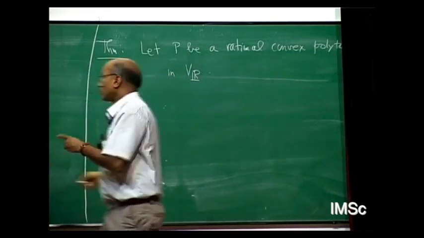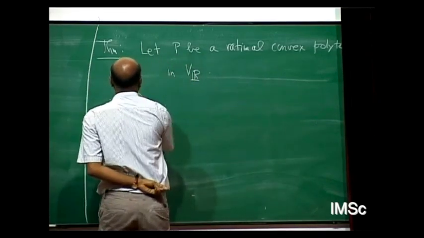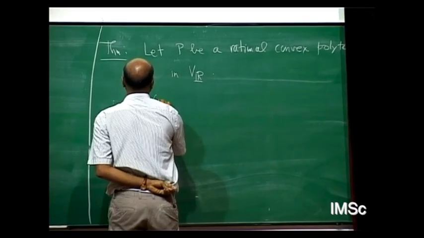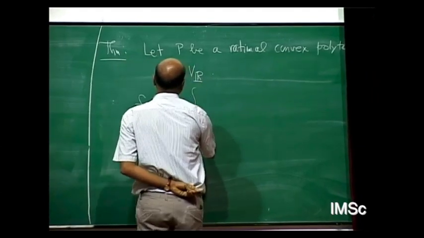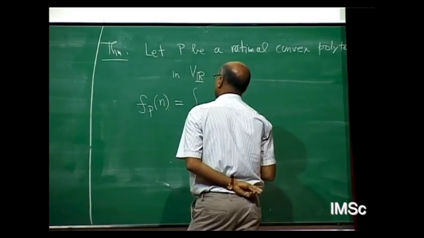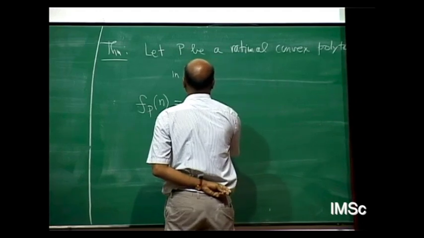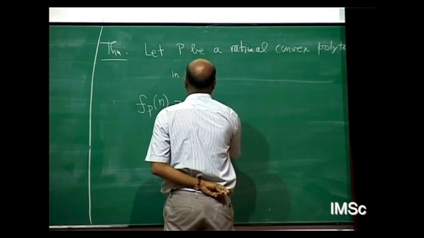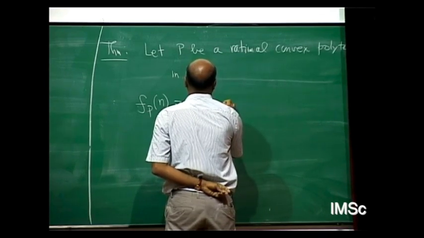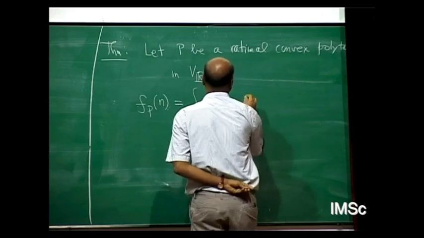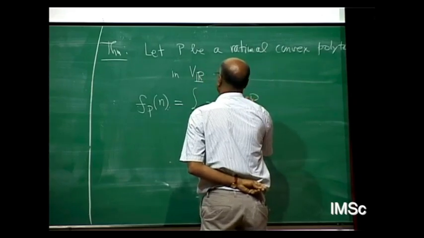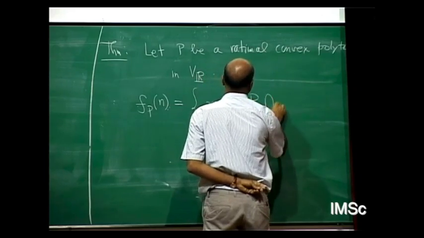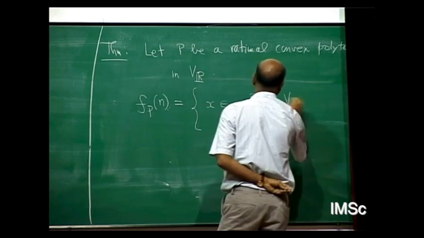What one is going to do is this counting function, F_P(n) equals the set of points x belonging to n times P intersected with VZ.